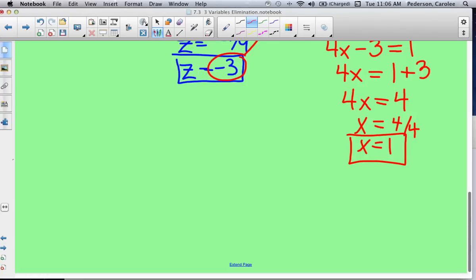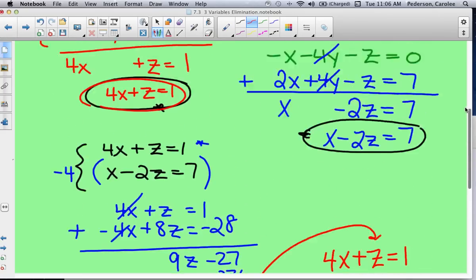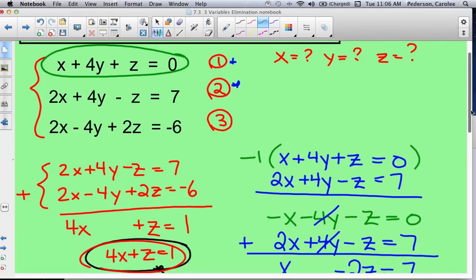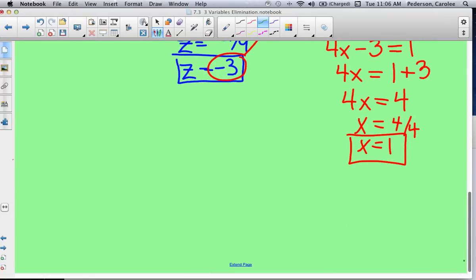We have the y variable. So now we go back up to our system. I'm going to just choose the top equation, and you can choose any of these equations, it doesn't matter. So we have x plus 4y plus z equals 0.